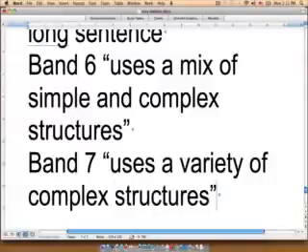Okay, so now again, what does this mean? They're not talking about a simple sentence versus a complex sentence, and they're not just talking about a long sentence. They're talking about the ability of the students to logically link ideas together with grammatical accuracy. This doesn't necessarily mean you have to write a very long sentence, but your idea has to be understood by the reader in a manner that presents no grammatical errors.